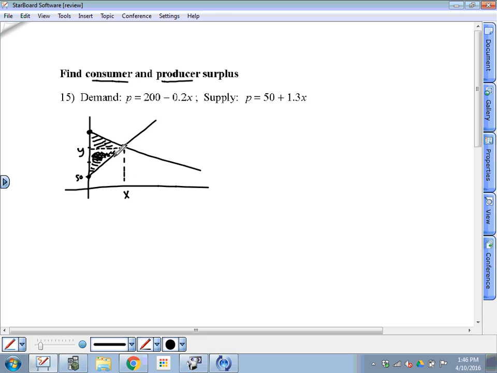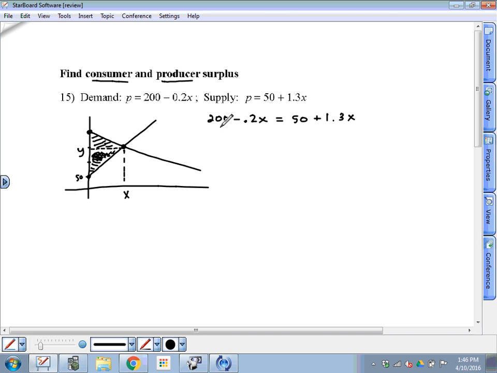Just like on question 14, the way to find the intersection of two graphs is to set the equations equal to each other. So 200 minus 0.2x equals 50 plus 1.3x. So adding the 0.2 over, we're going to get 1.5.